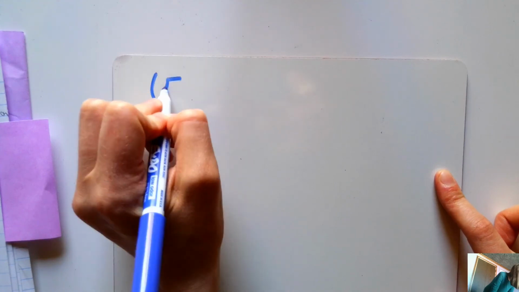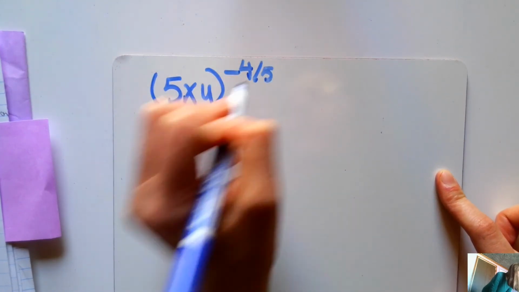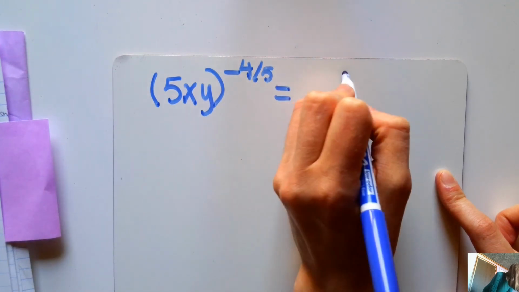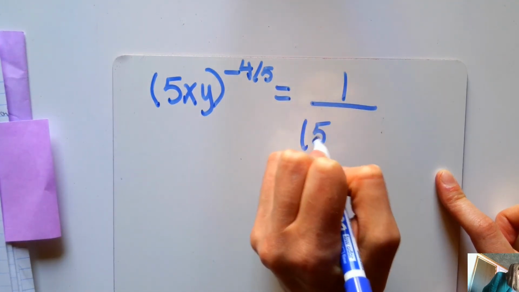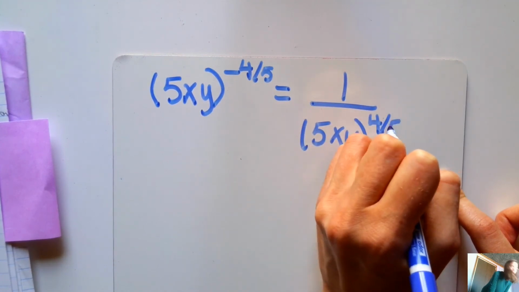Now say we've got (5xy) to the negative 4 over 5. We can rewrite that as 1 over (5xy) to the 4 over 5.